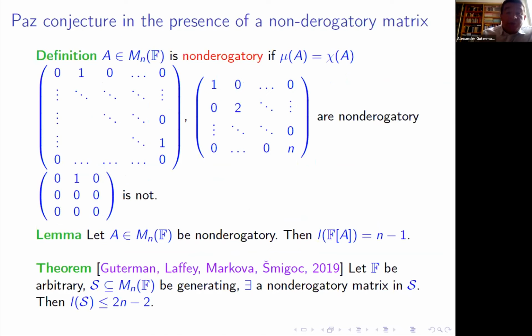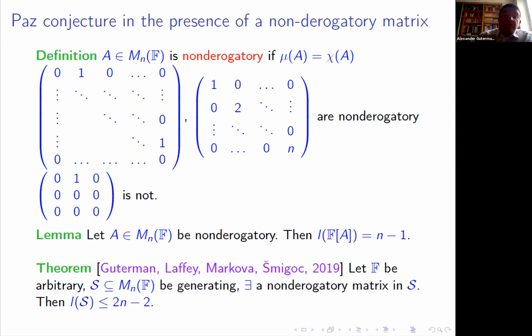I would like to point out that for some particular sets of generators, this conjecture is true. So let me take non-derogatory matrices. A matrix is non-derogatory if its minimal polynomial is equal to its characteristic polynomial. So these are examples here, and an algebra generated by a non-derogatory matrix has the following length.